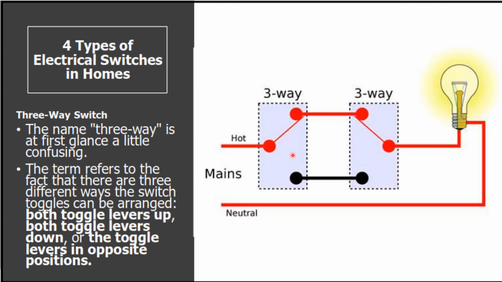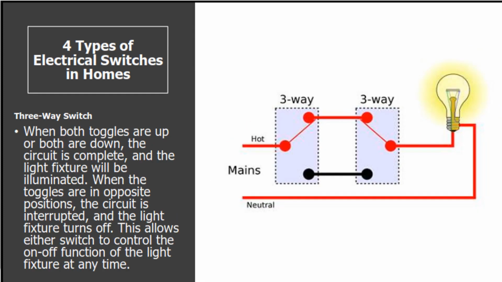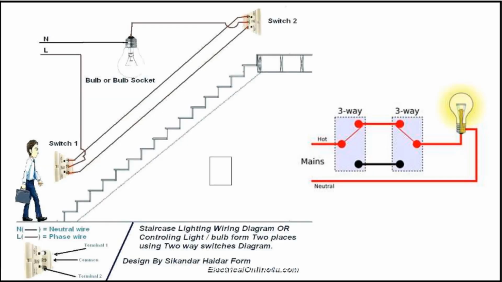Remember that the circuit is a closed loop. Even though this is the hot in red color, it represents that there's a circuit flow. If this part toggles below and this part also toggles down, then there's also a complete circuit. When both toggles are up, I already discussed that.